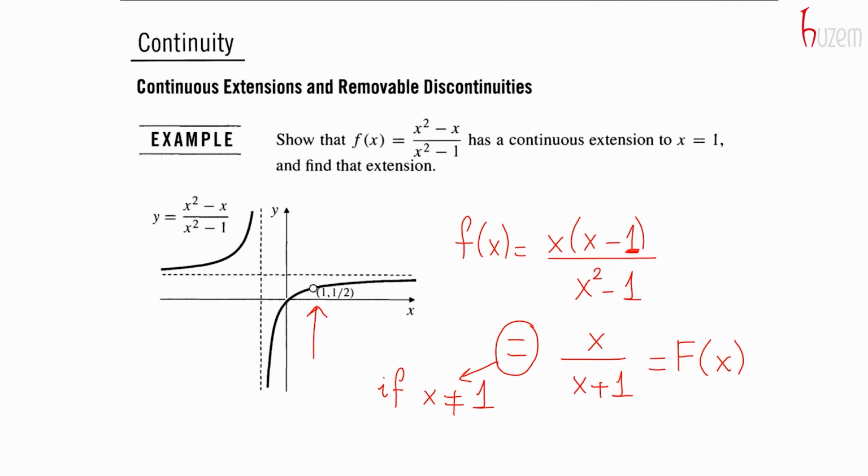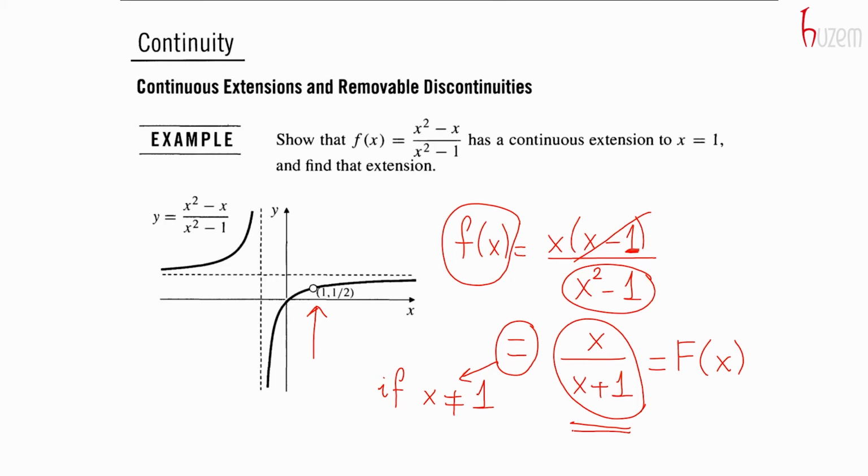But if you think about it, x divided by (x plus 1) and our function f(x) coincide at other values. So if x is not 1, there is a cancellation here, the factor x minus 1 of x squared minus 1 will cancel, and we will get x divided by (x plus 1).